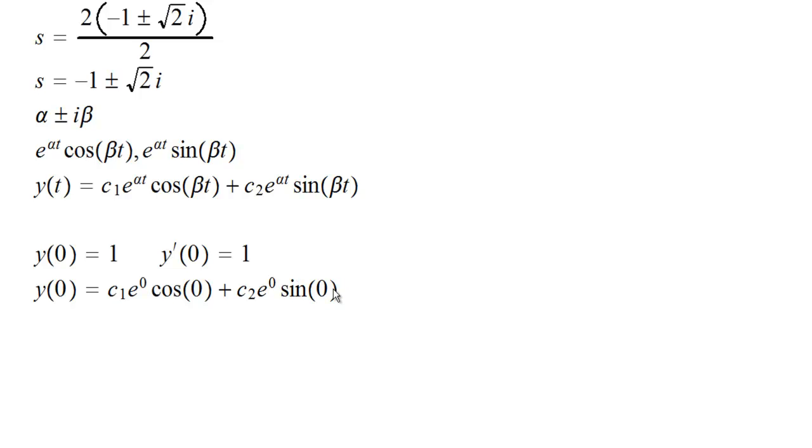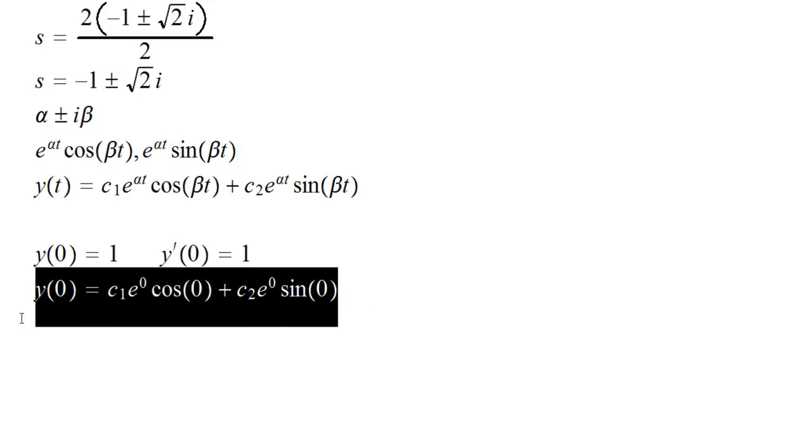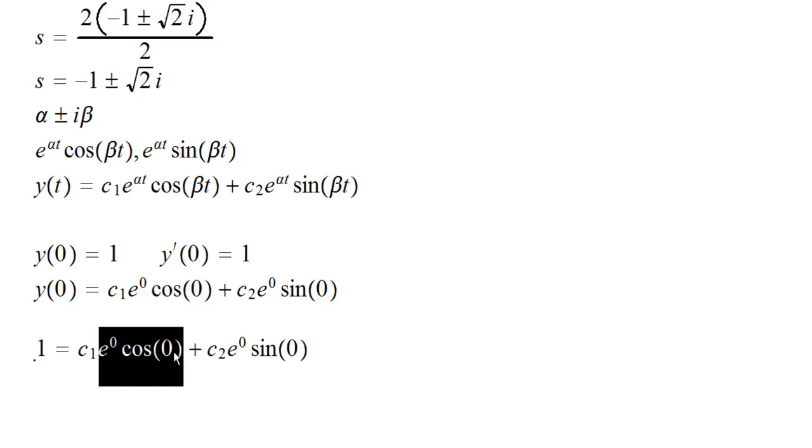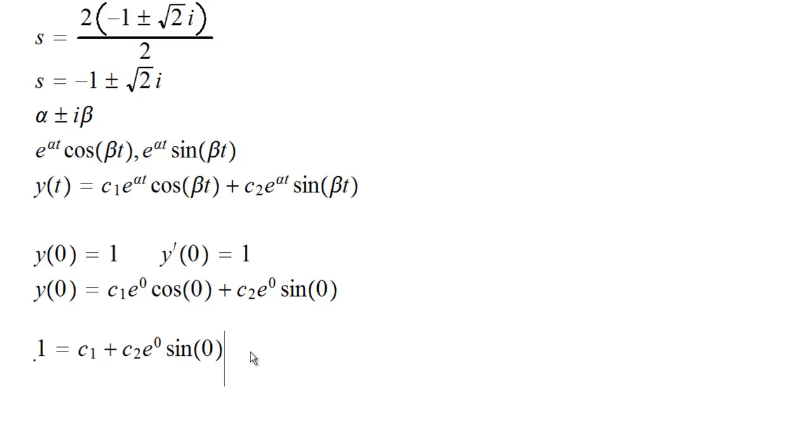And so this would be how much? c1 will become, c1 is, this is 1, right? Cosine of 0 is 1, e to the 0 is 1, and sine of 0 is 0. So this whole thing is gone. And here I think I have done a lazy thing. Remember this?